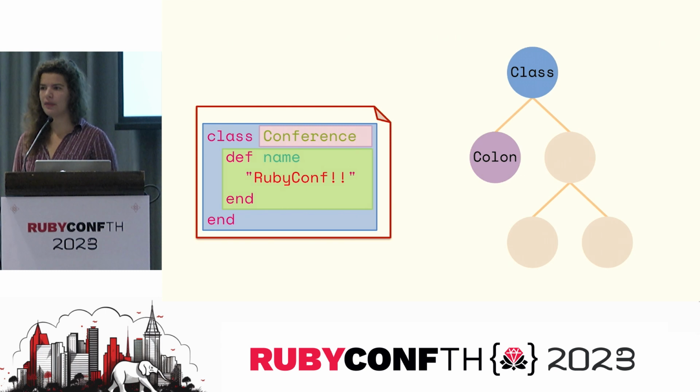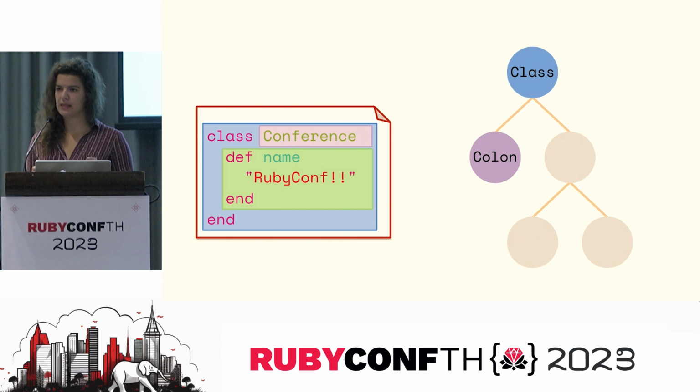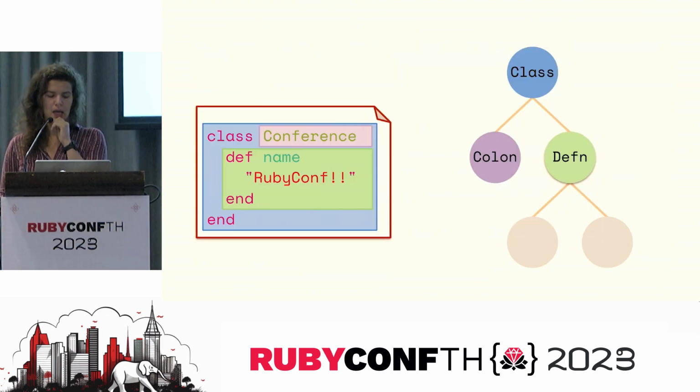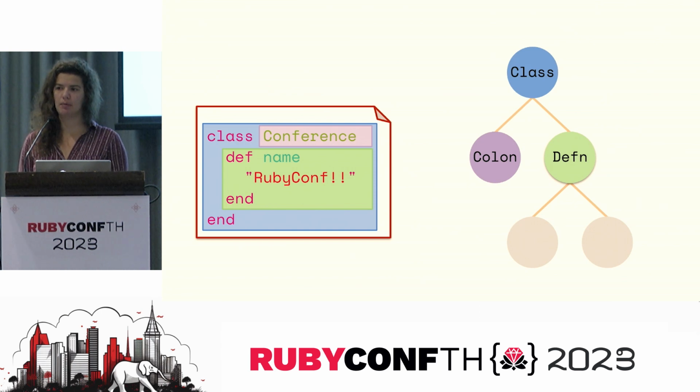And if we look at that, that's this name method, which makes sense. Within the class is the name method def name, and we have that as our green node here. And we can think about what we would expect to appear within the definition node. Presumably something with our string is going to come next as the body of that, maybe some other things. Maybe you can think for a second what should be children of the defin node.